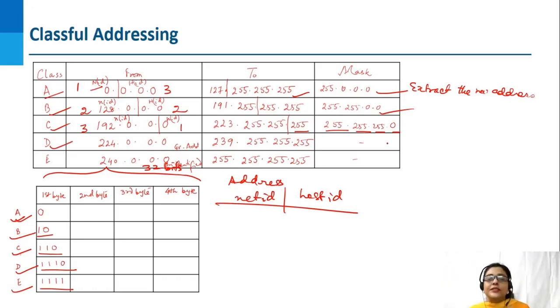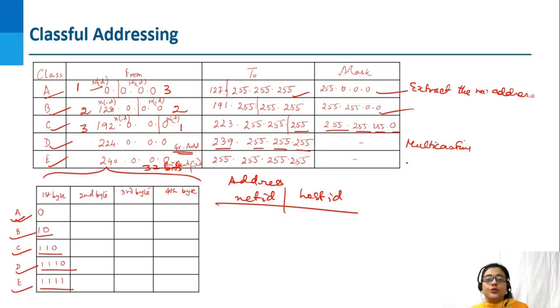Class D addressing is used for multicasting. And it starts with 224.0.0.0. So this is basically the group address. There are no separate parts of net ID and host ID as we have seen for other classes. And it goes up to 239.255.255.255 and there is no masking.